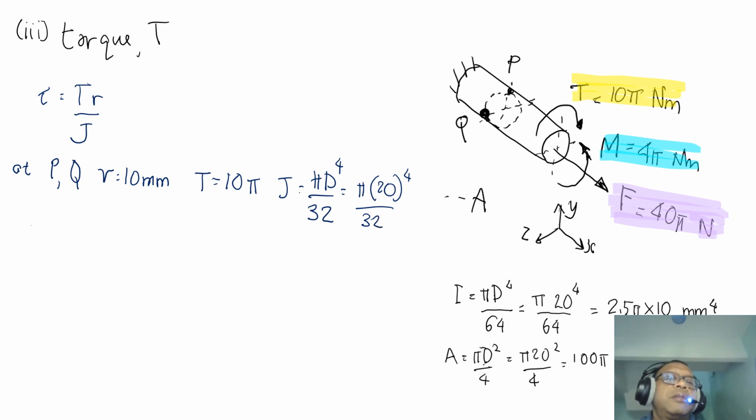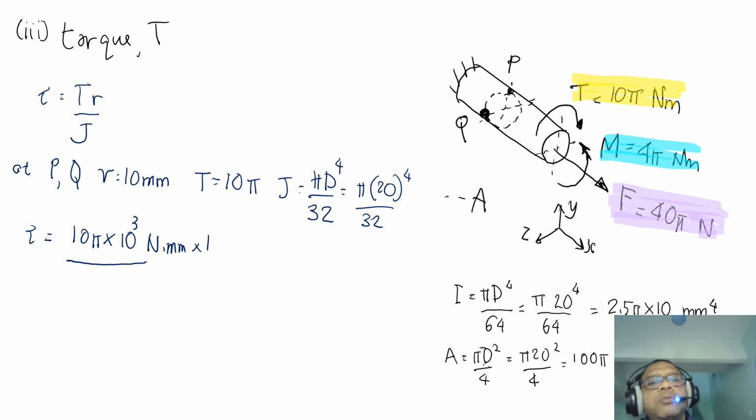So we can calculate tau equals to 10 pi Newton millimeter, so we have to times 10 to the power of 3, times R 10 mm, and divided by pi d to the 4 over 32.